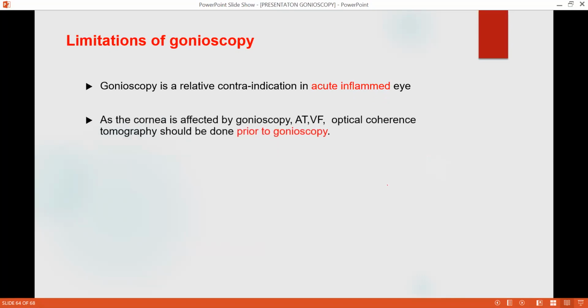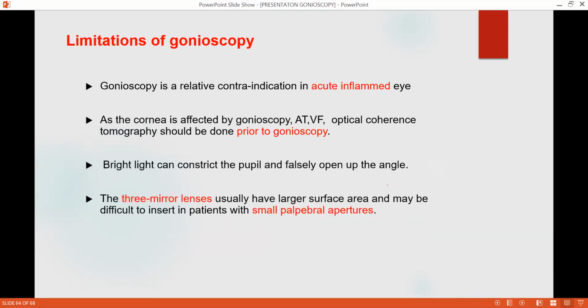So what are the limitations of gonioscopy? It is relatively contraindicated in cases of acute inflamed eye. Since you are using a coupling agent, you cannot perform various procedures like applanation tonometry, visual field, or OCT after gonioscopy, so they have to be done before gonio. If you're using a bright light, it can falsely constrict the pupil and falsely open up the angle.